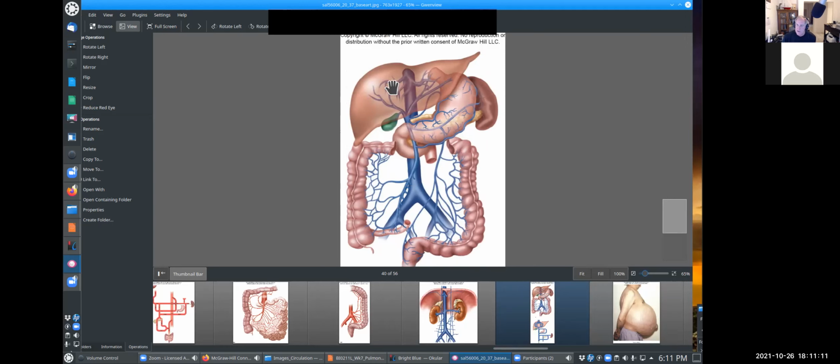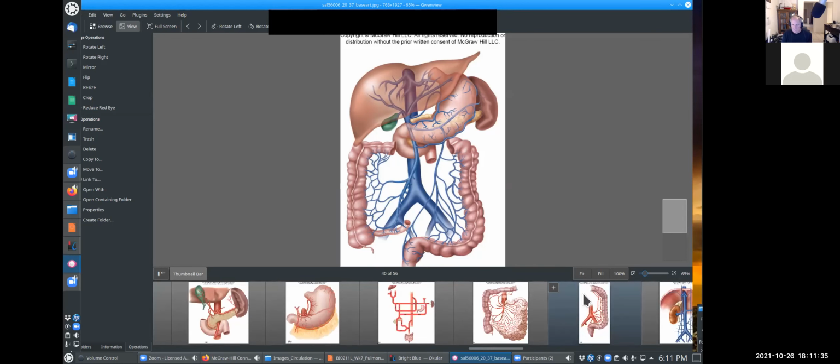I think it's variable, but anything coming out like branches, you won't be able to see it, so I don't think it'll be marked. But yes, those are the hepatic veins there. And don't confuse that, because this is the portal vein running into the liver. Okay. That makes sense.